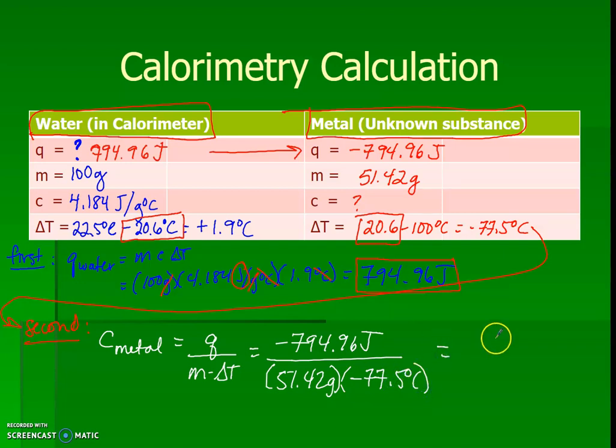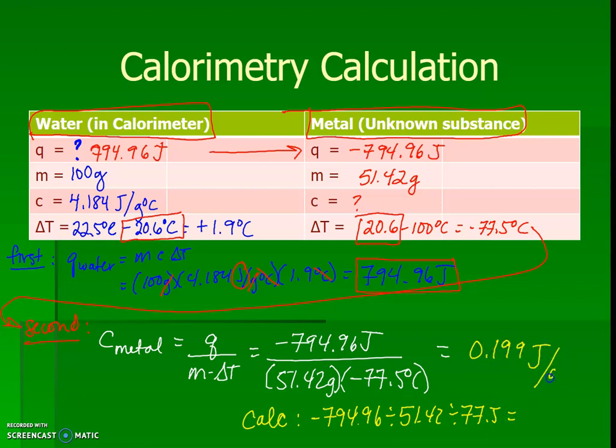That is going to go in my calculator very carefully. I have to be aware that I have two things in the denominator. So I would type negative 794.96, then divide by 51.42, divide by 77.5. And my answer will be 0.199 joules per gram degrees Celsius.